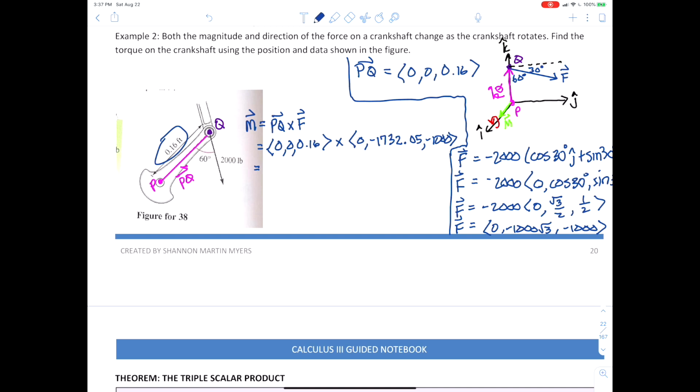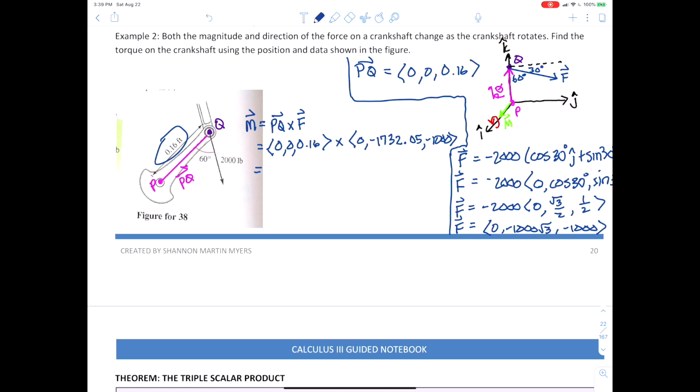And so, what's our formula? Okay, so plugging everything into the formula, we're going to need to do our U2 times V3.